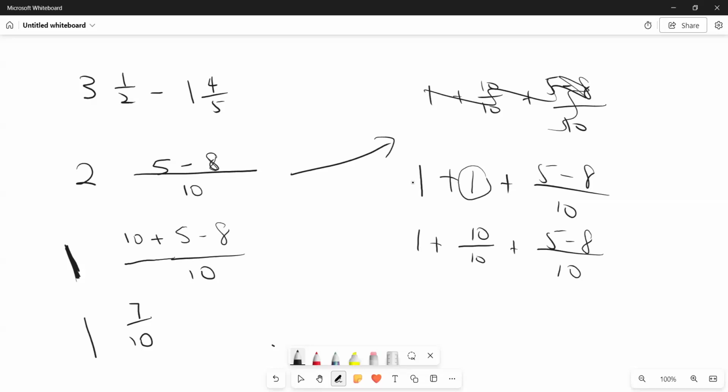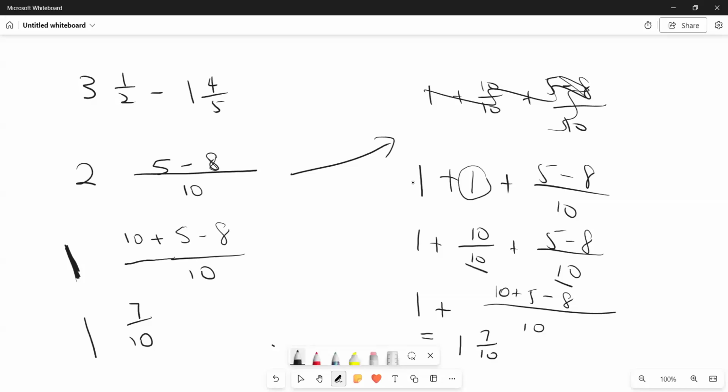So this 1 we can write as 10 over 10, plus 5 minus 8 over 10, because the denominators are the same. 1 plus, put all of this over 10, 10 plus 5 minus 8, and we get 1 and 7 over 10. That's one approach, but I have others. I'll show you the others.